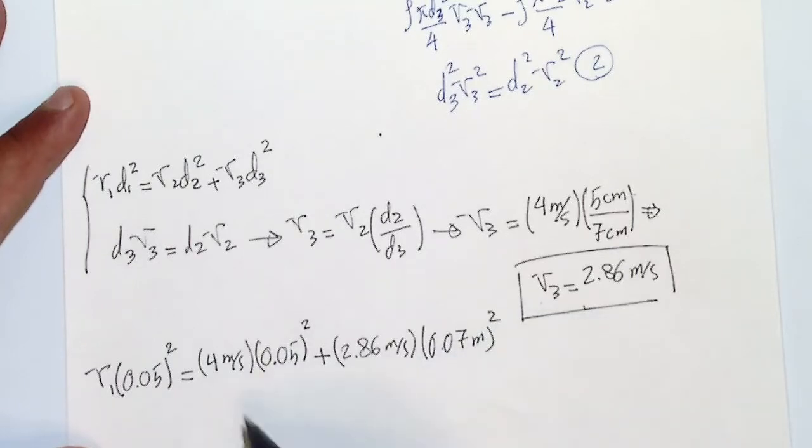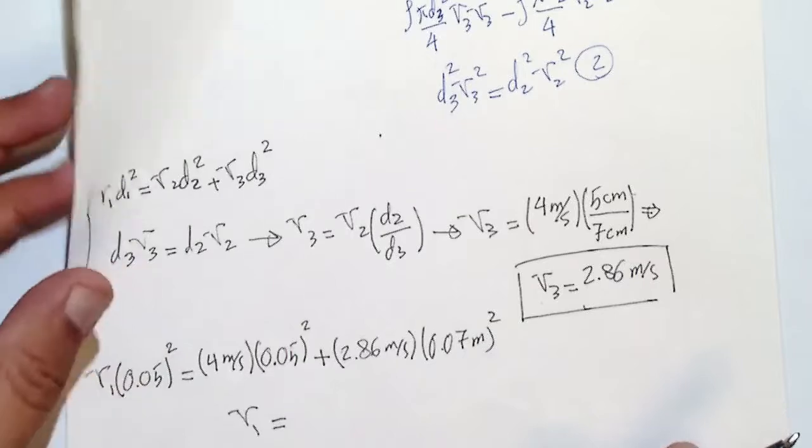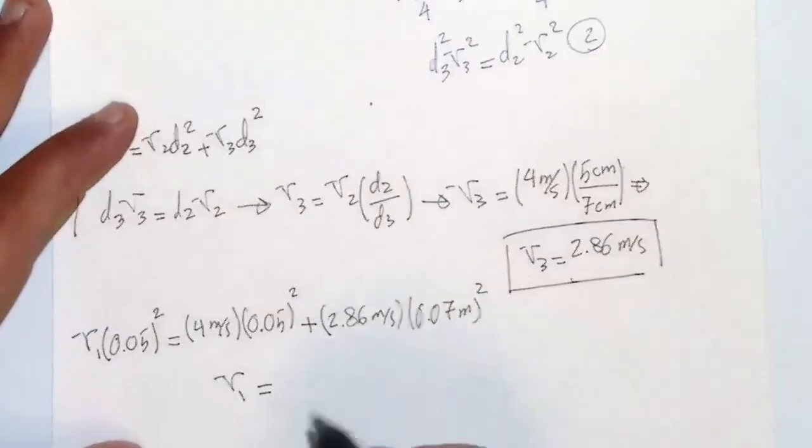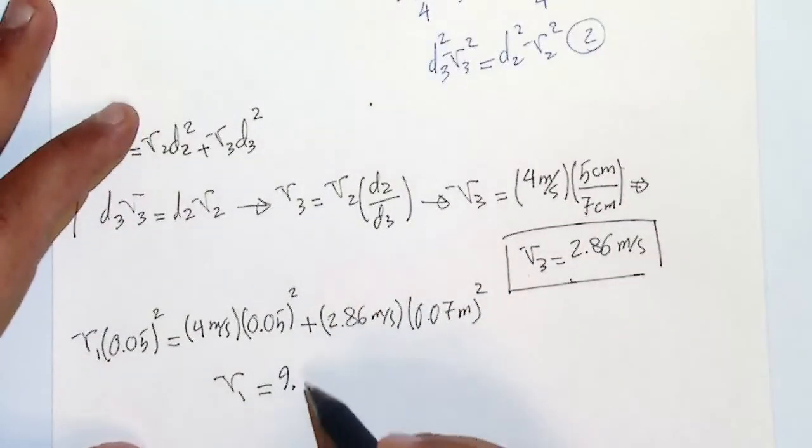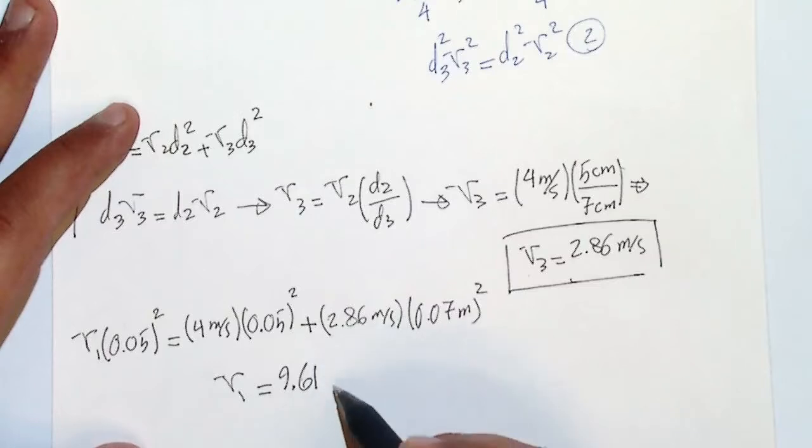Okay, then to find v1, using a calculator you can easily find it. If you use the calculator, then v1 is 9.61 meter per second.